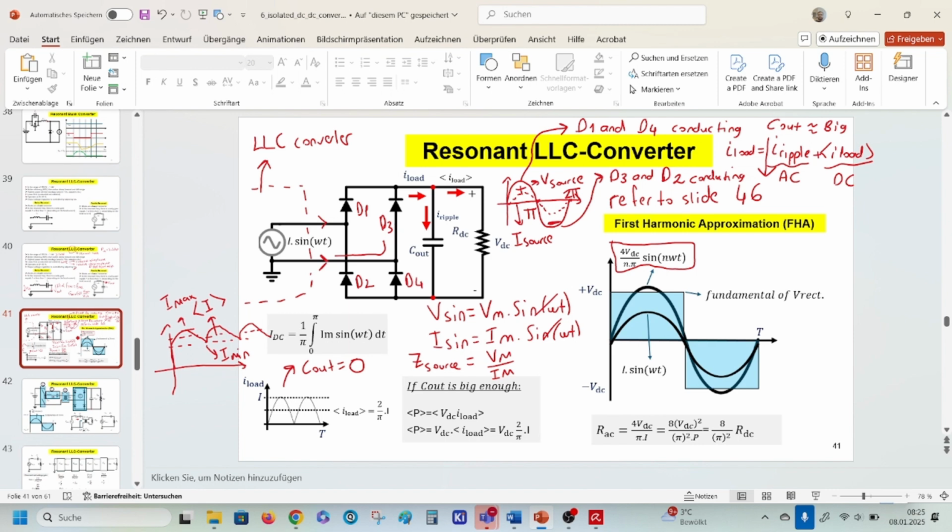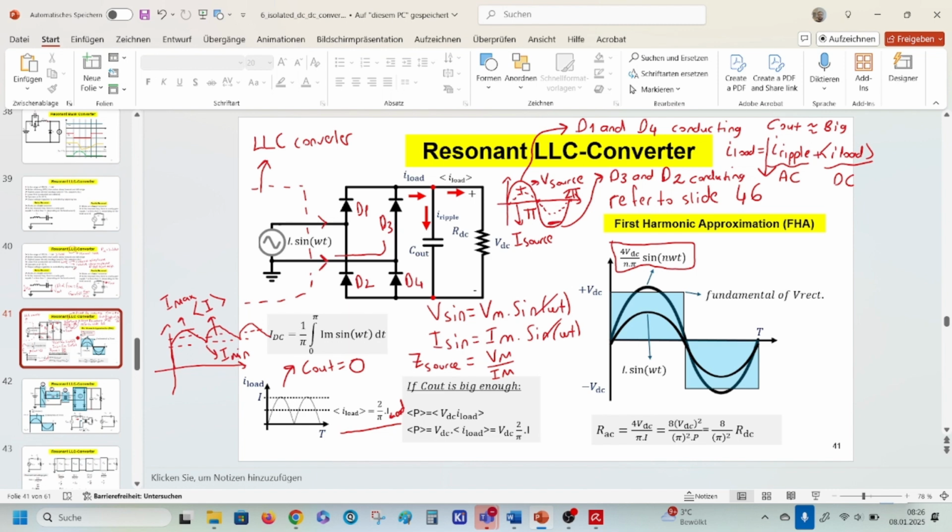And it is 2 over pi times output current, like the load. Any questions? Okay.